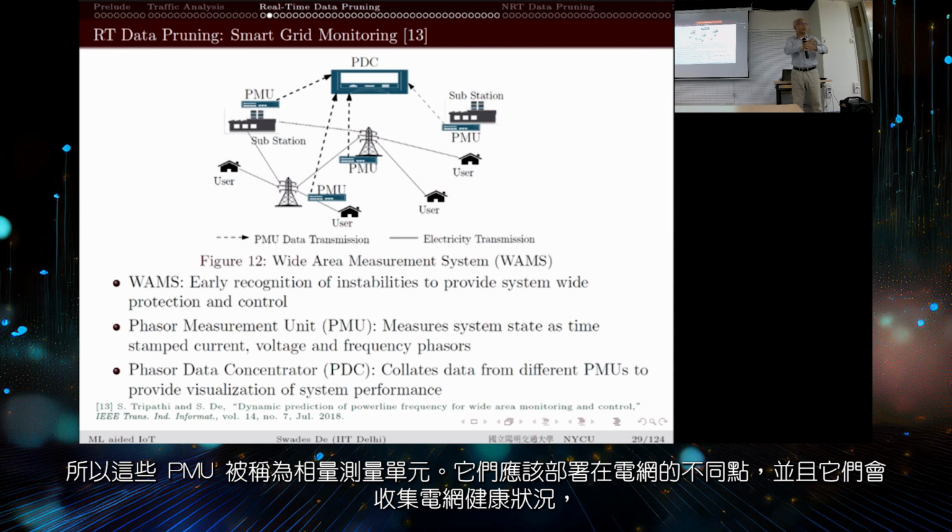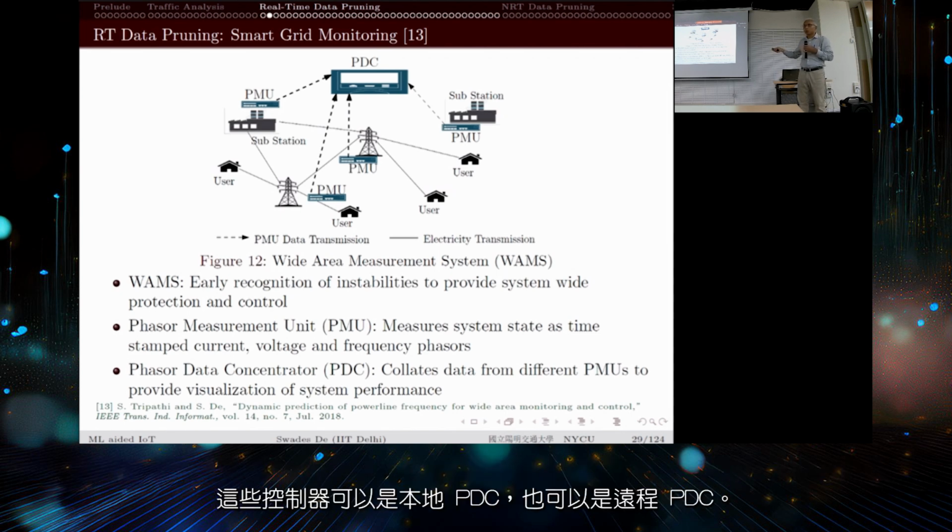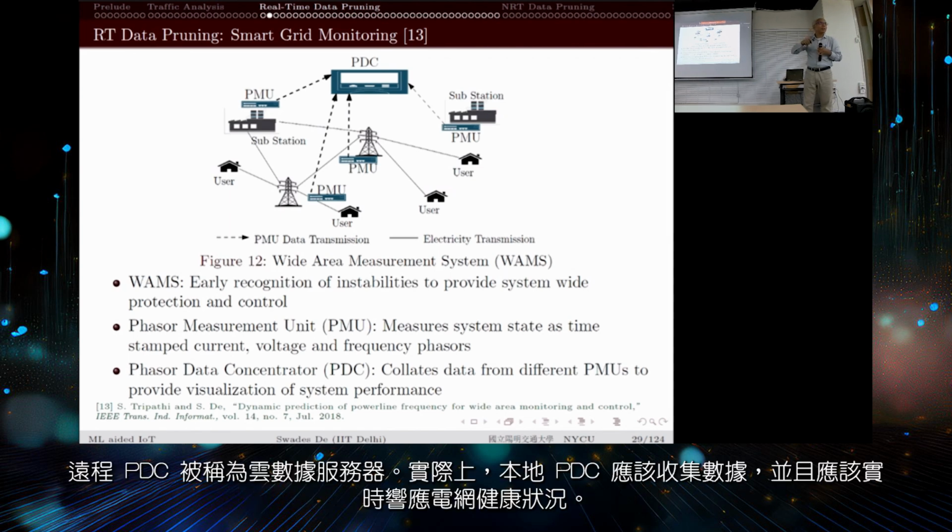Like these health gadgets, they monitor our pulse rate, etc. Then they are supposed to transmit this information to something called a PDC, power distribution controller, and there could be local PDCs and remote PDCs.